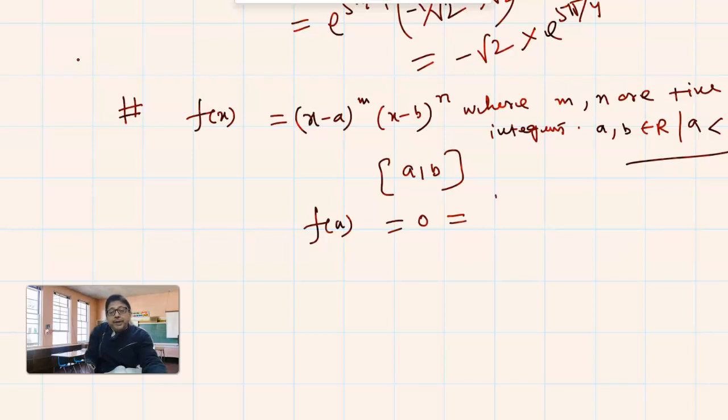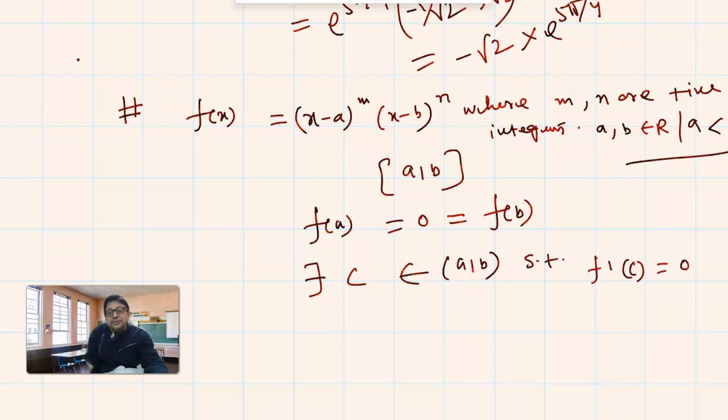What is the value of f(b)? That is also going to be 0. So f(a) equal to f(b), because both are equal to 0. So by Rolle's theorem, there exists c in the interval a, b such that f dash c is equal to 0.